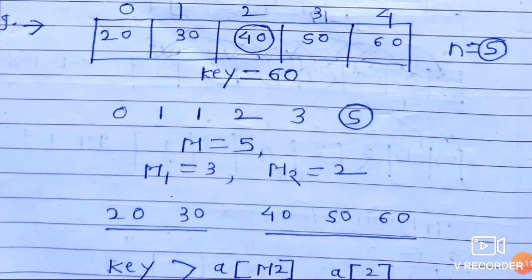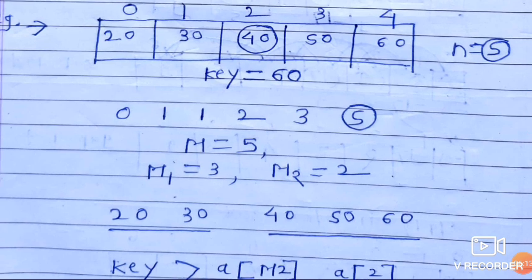Once again I repeat, we compare the key with a of m2 plus offset. Once we compare, we may have three scenarios. The first scenario is that the key may be equal; then we can say the key is found.